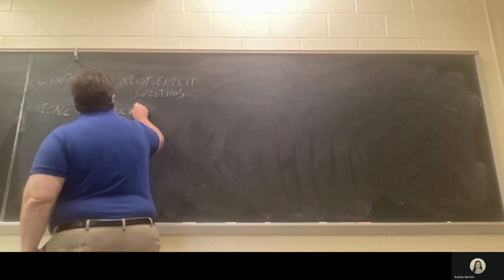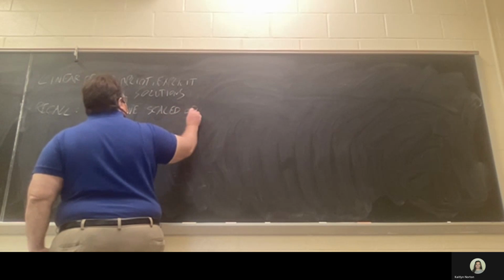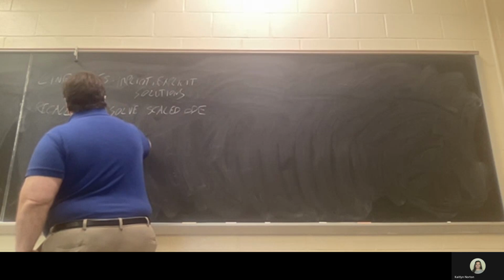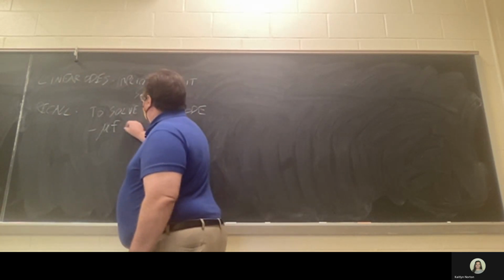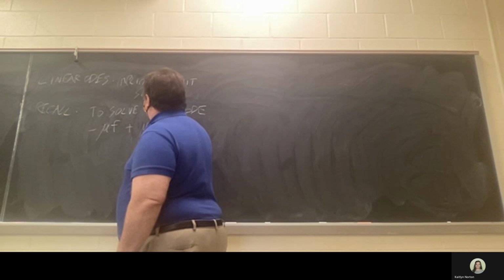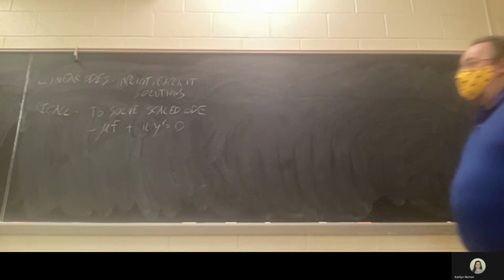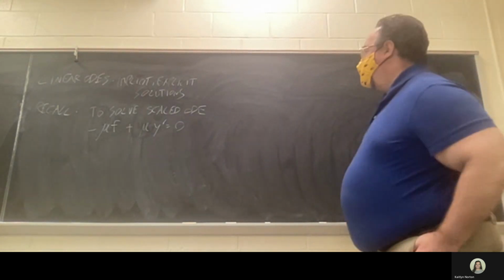So we're working with the scale ODE minus mu f plus mu y prime is equal to 0, where mu is the as of yet unknown integrating factor, although it was figured out at the end of last time.